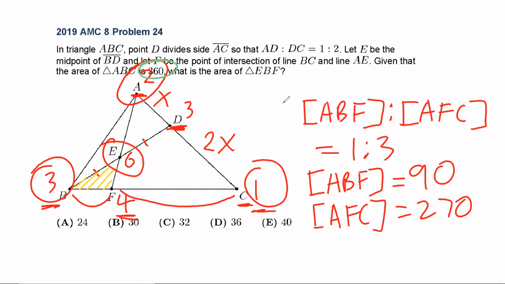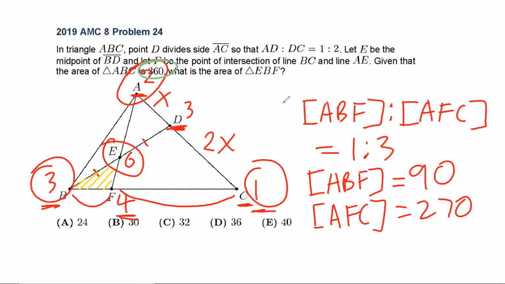Okay, so now we know that the area of triangle ABF is 90. So that's what we need. And notice that each time I do this, we're going to narrow down our area until we just get to the area of triangle EBF.